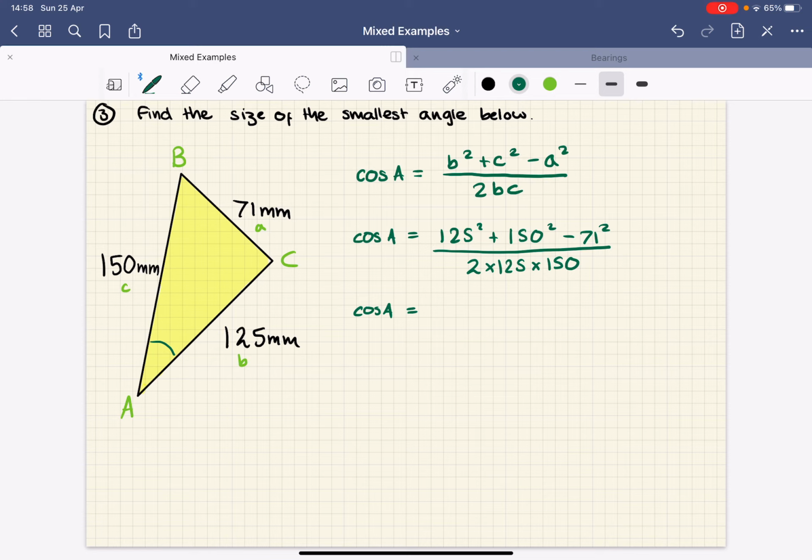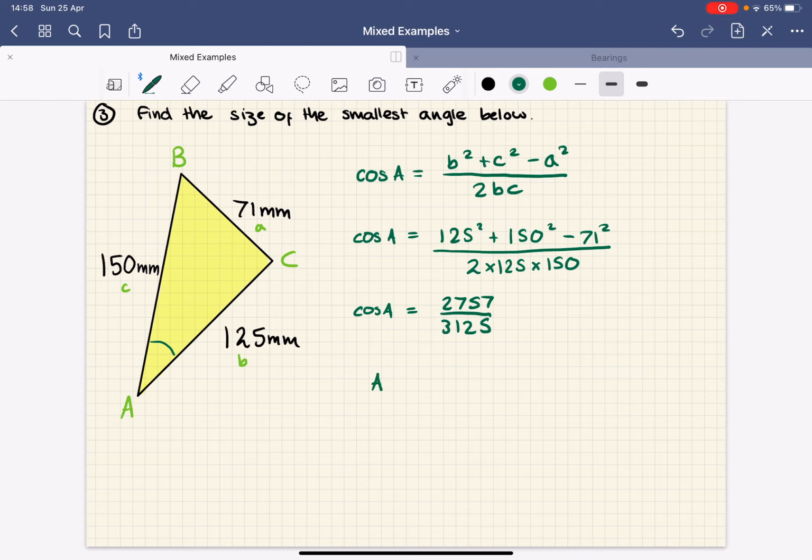You normally get a mark for this simplified fraction. And that's going to come out as 2,757 all over 3,125. But that's cos A.